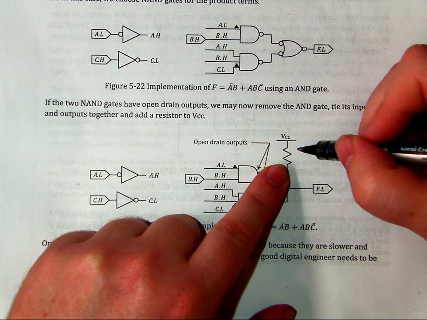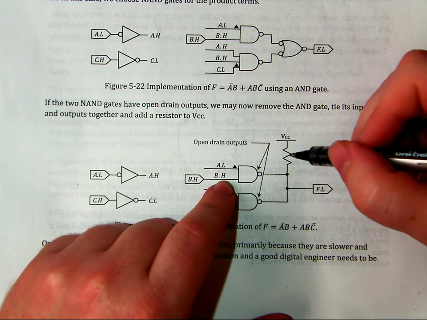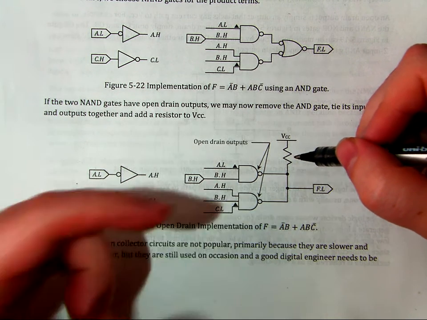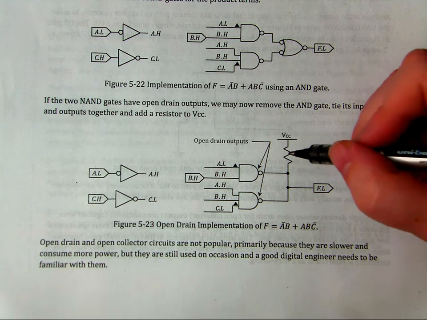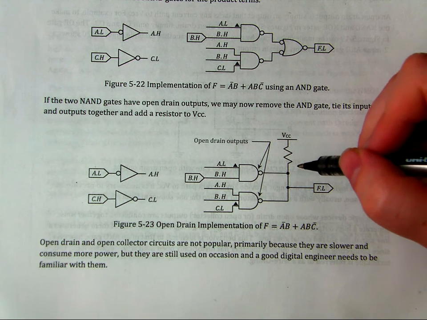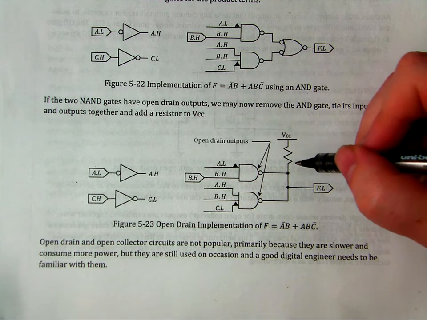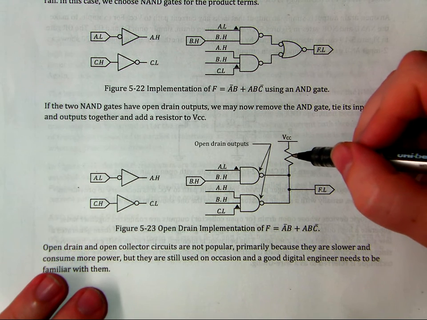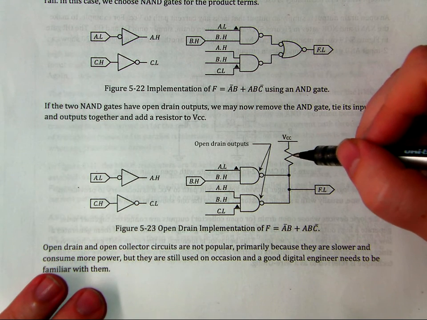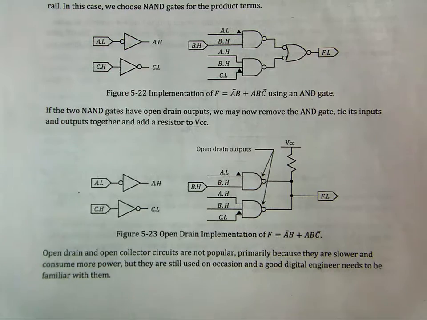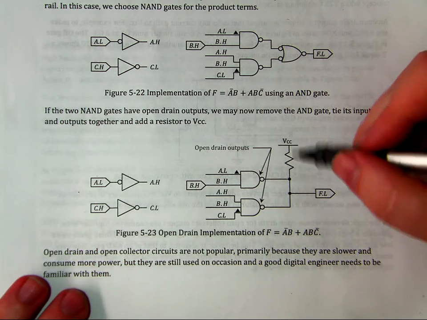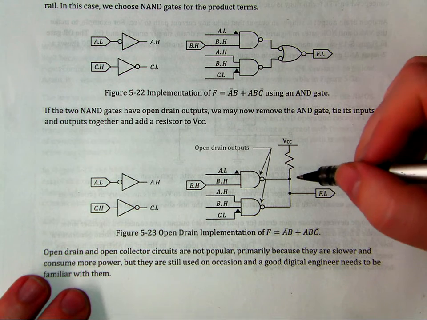So this resistor is fairly large in order to limit current. Some of the issue is it's pretty power hungry, and it's not very fast, and resistors are not great for designing in circuits. Couple of minor issues, really. The speed is the biggest issue probably in this.